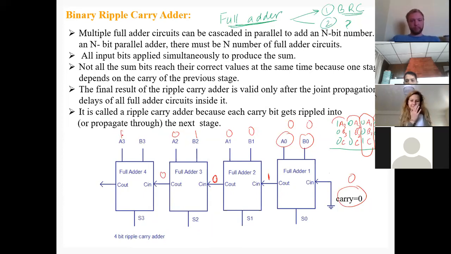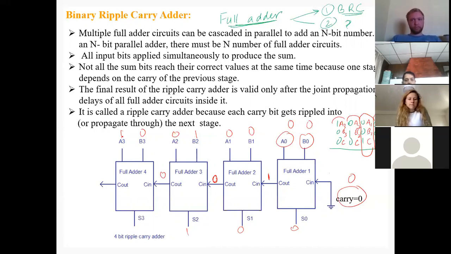This is 1, 0, right? So what do you think this will get here? When this A is 0, B is 0, what do you get here? 0. So when A is 0, B is 0, what do you get here? 0. So when this is 0, this is 1, what do you get here? 1.